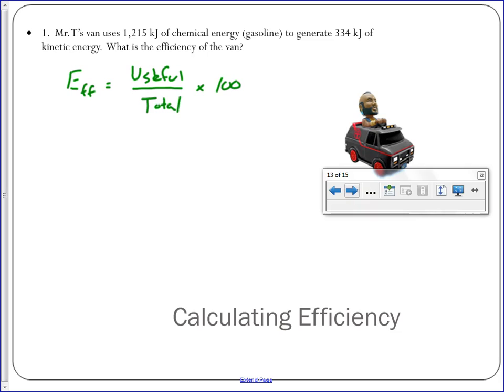Okay, so again, we know that he uses 1,215 kilojoules of chemical energy, or gasoline. So the gasoline here would be equal to our total energy.